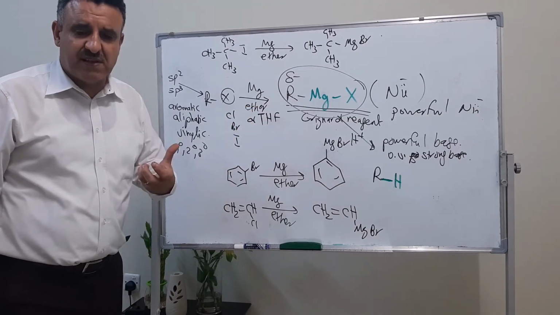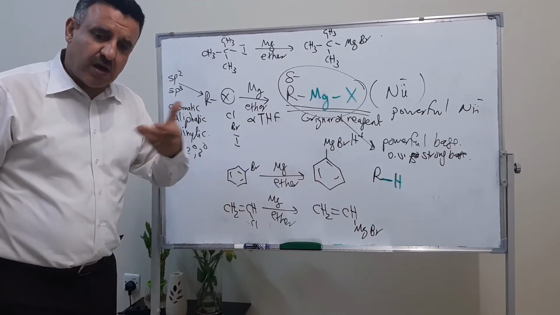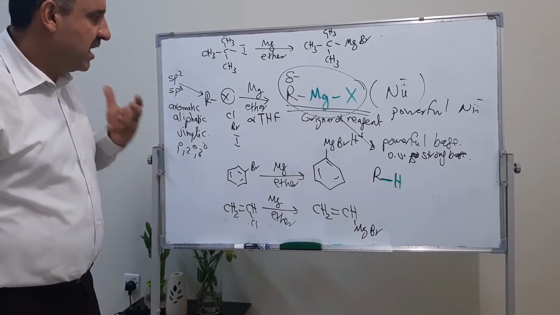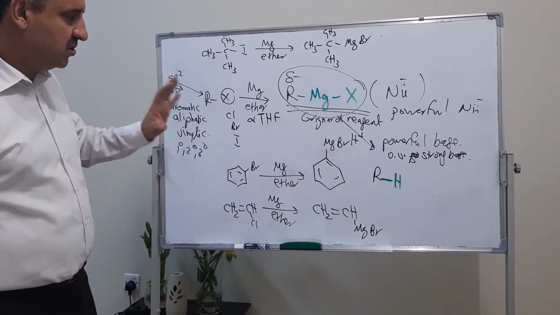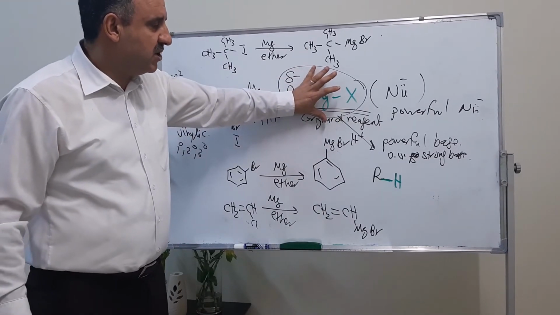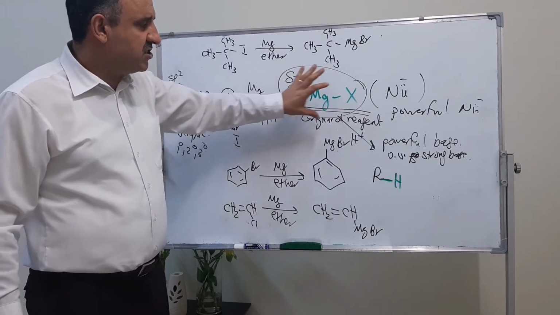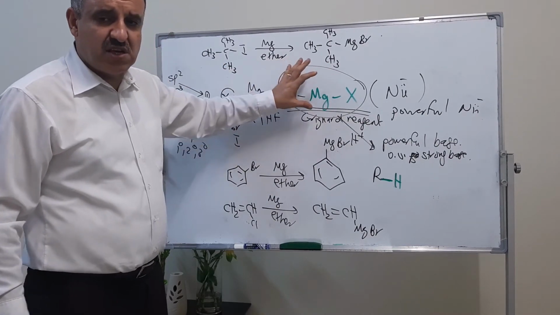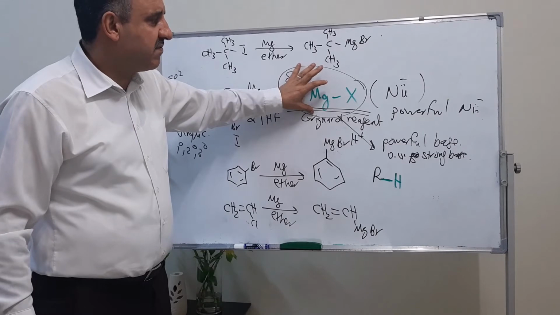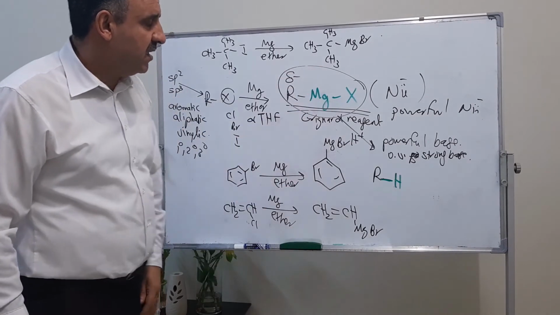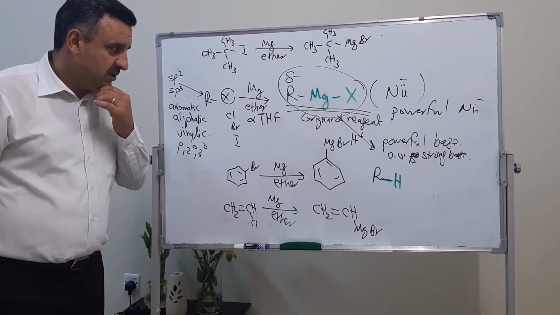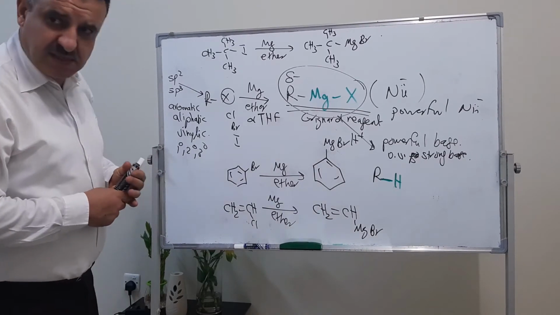So the solvent where we are going to do the reaction must be completely and 100% dry in order to be able to keep this. Because if the reaction conditions were not dry, then the Grignard will not survive and it will simply decompose to the corresponding alkane. Do you follow me?